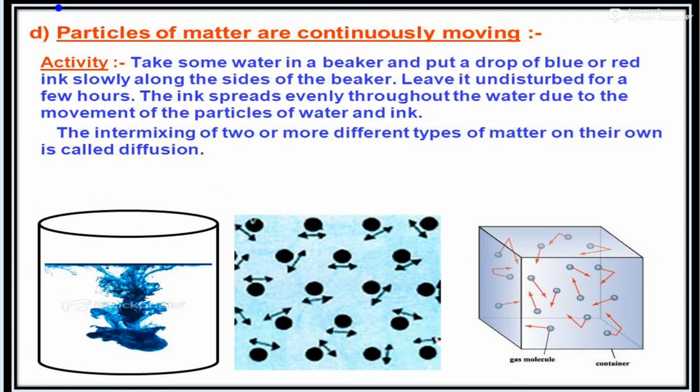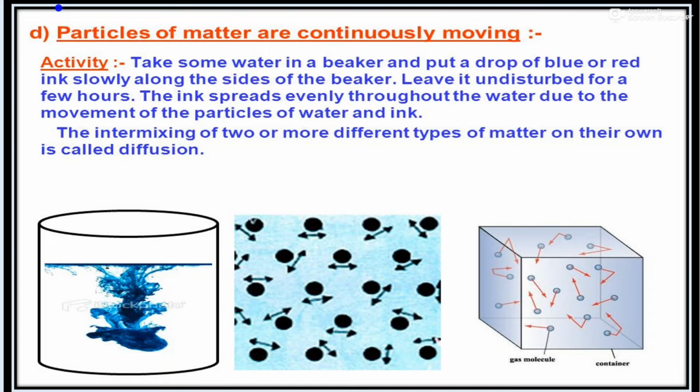Then, particles of matter are continuously moving. To prove this, we can have an activity. Take some water in a beaker and put a drop of blue or red ink slowly along the sides of the beaker. Leave it undisturbed for a few hours. The ink spreads evenly throughout the water due to the movement of the particles of water and ink.